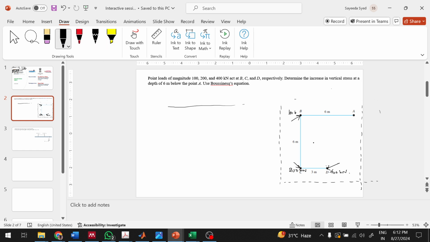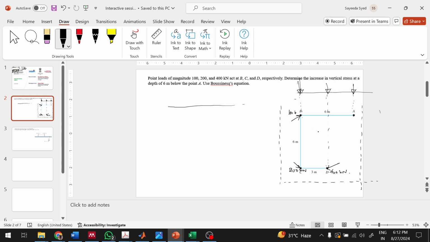If you just try to see from a side view, you will see A point here, you will see B point here, and C point will be farther, but it will still be here, and D point will be here. So that will be the side view.